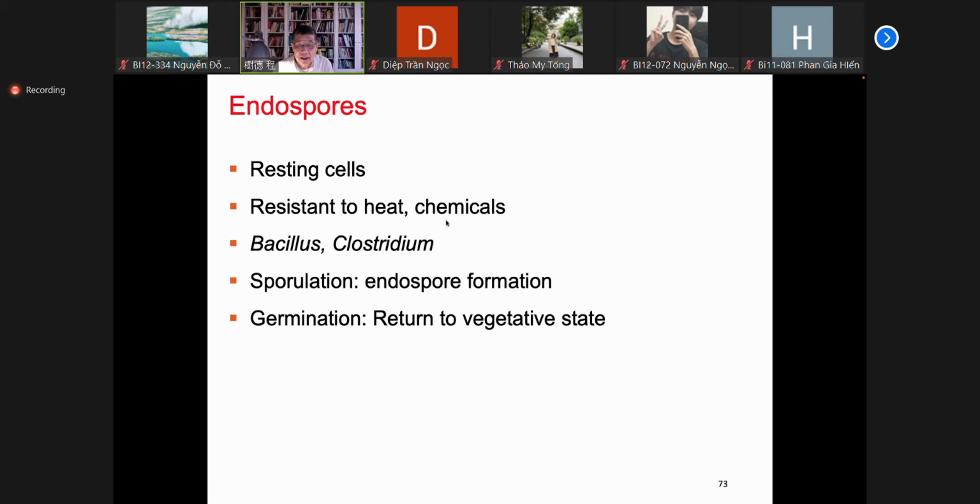Second, it is in a few genera of gram-positive bacteria, such as Bacillus and Clostridium. Bacillus forms cells which cause many kinds of disease.